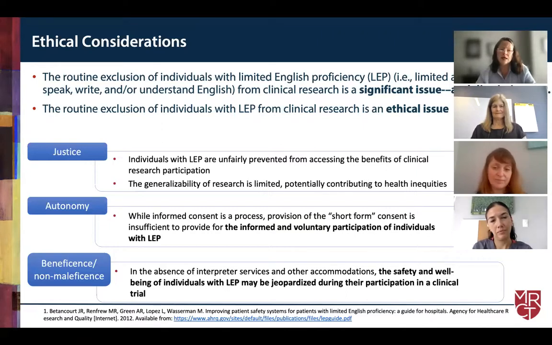And then in terms of concerns with safety and benefit, do we worry about individuals with limited English proficiency who may be jeopardized during their participation in a clinical trial if they cannot speak the language, do not have a document to refer to, and may not have interpreter services available at the time?